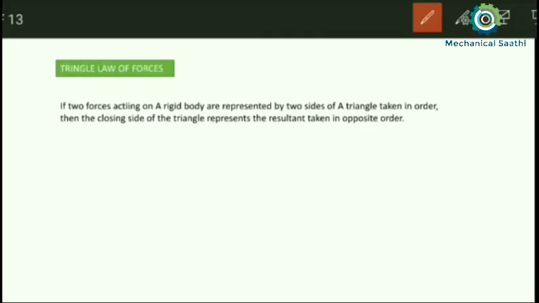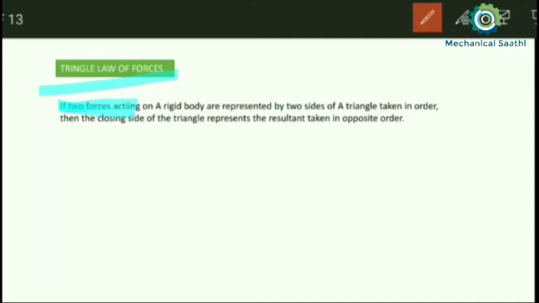Next we will discuss the triangle law of forces. Already we have discussed the parallelogram law of forces, and I have told you that it is quite similar. So what does the triangle law of forces state?